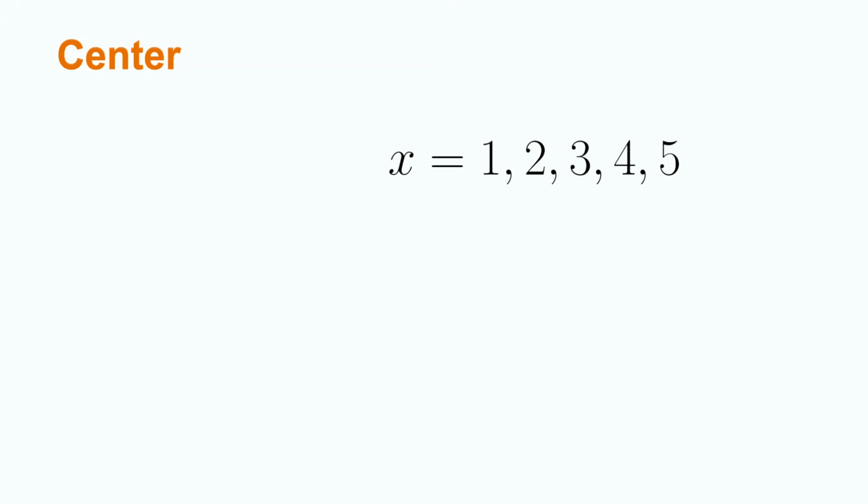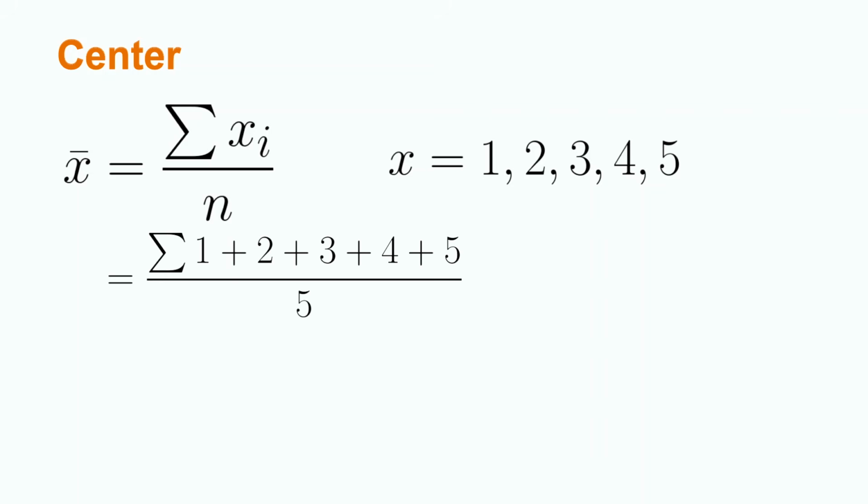The mean, denoted by x bar, is computed by adding all numbers in our dataset and then dividing by the number of numbers we have. The formula for the mean is read as x bar equals the sum of x sub i divided by n. If we have the x values 1, 2, 3, 4, and 5, we would add them together and then divide by 5, giving us a value of 3.